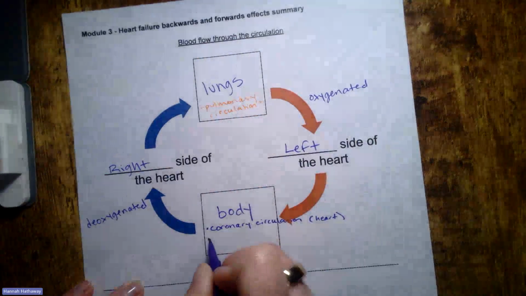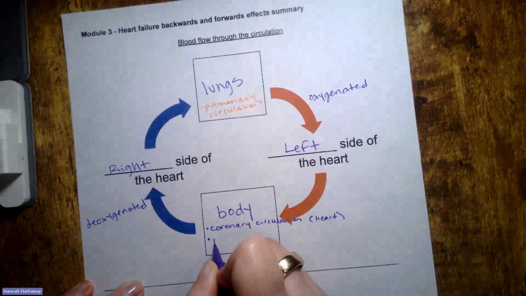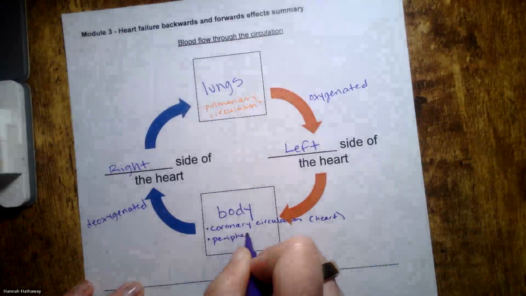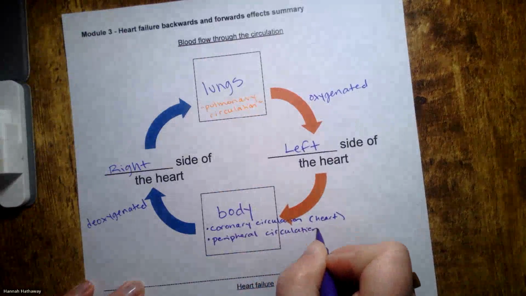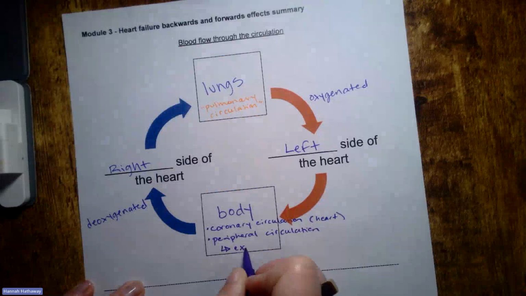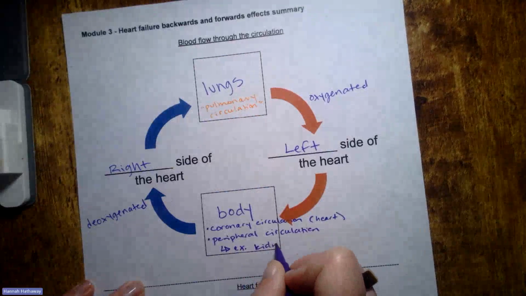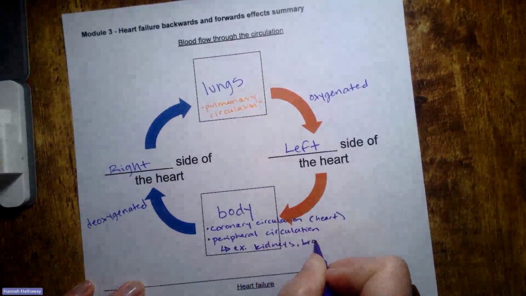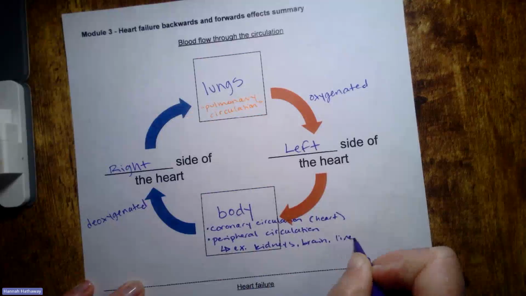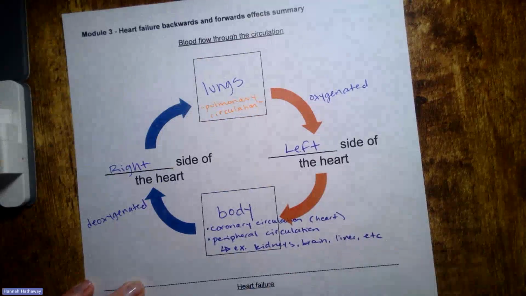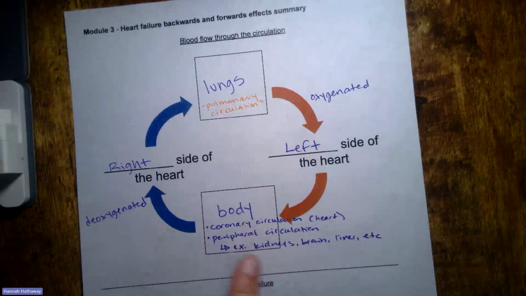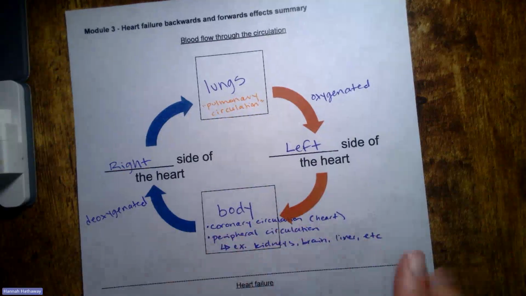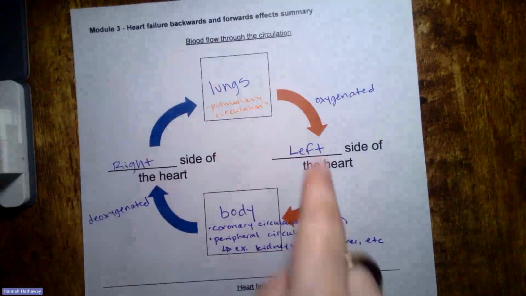And this would also include the peripheral, peripheral just meaning everything else, essentially. So this would be, for example, the kidneys, the brain, the liver, etc. This is all of the other organs in your body. And then the blood delivers oxygen, becomes deoxygenated, and we keep going around.